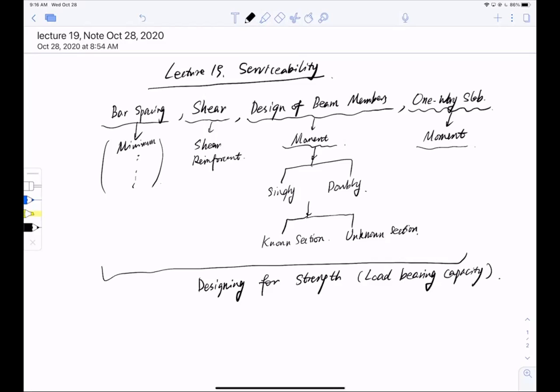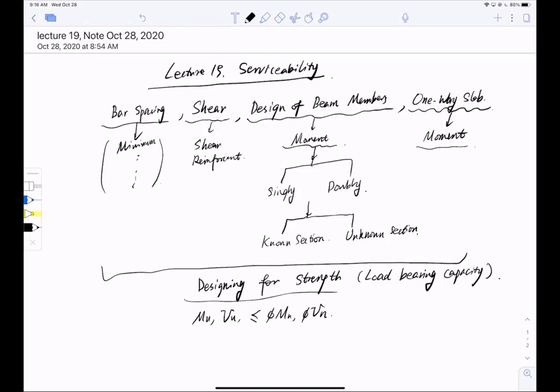So all this can be summarized in one equation: either Mu or Vu has to be smaller than or equal to phi Mn or phi Vn, right? So that's what we talked about. This is design for strengths.